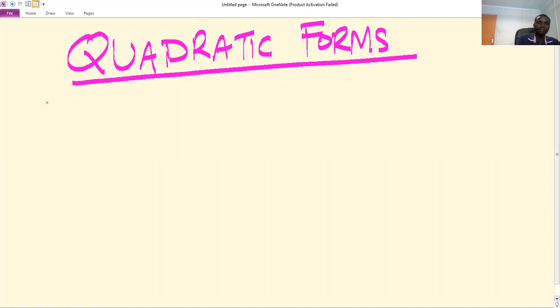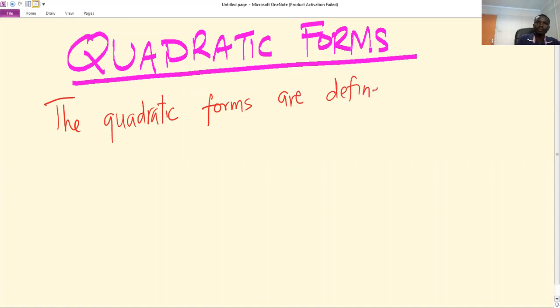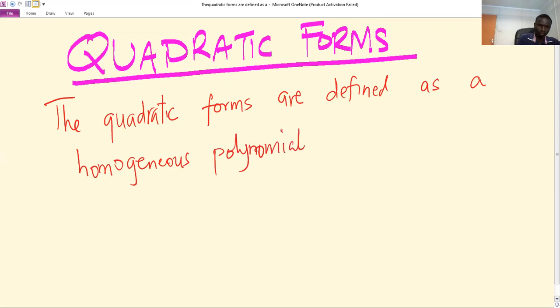So the quadratic form is defined as a homogeneous polynomial of second degree in any number of variables.